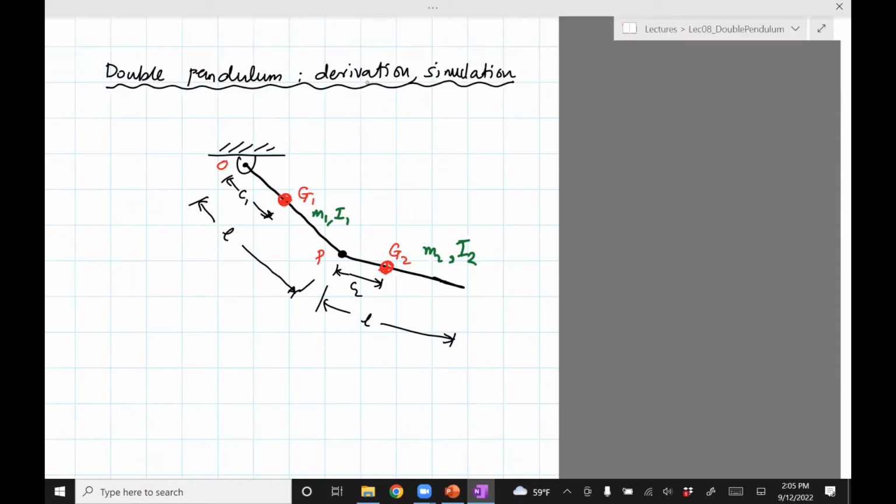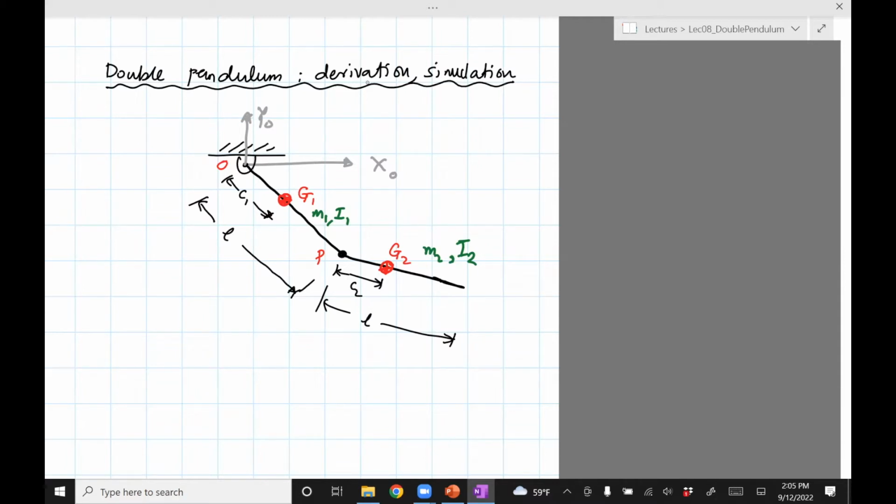Okay, and the last thing I need to derive the equations is to set up the axes. So I set up the frames. So first, my world frame is going to be x0, y0. So that does not move, it's fixed.